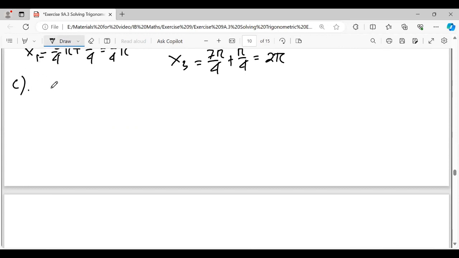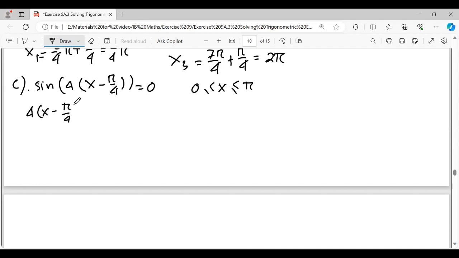Recall that x is from 0 to pi. So it will be sine of 4 times x minus pi over 4 equals 0 or negative pi.